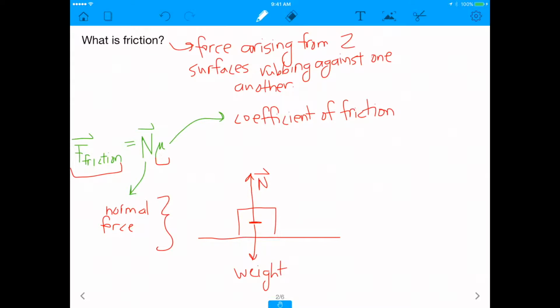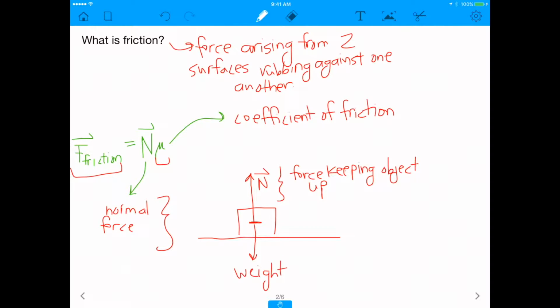If the weight was the only thing acting on the box, it would accelerate downward, right? But it doesn't, because the normal force from the table on the box keeps it up. So the normal force is the force keeping an object up.